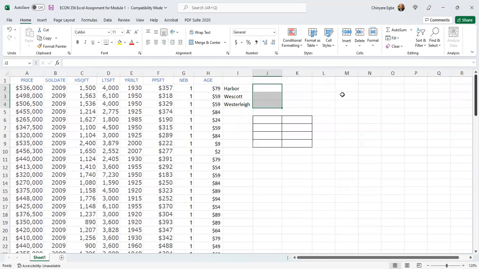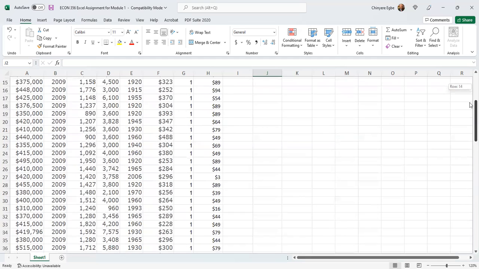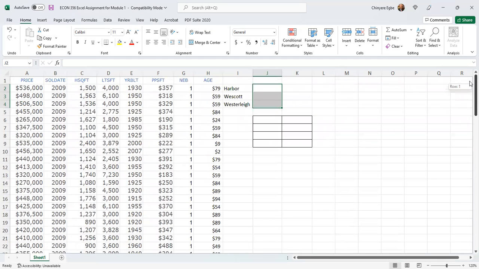All right. So we have information here on the average age of houses per neighborhood. We have three neighborhoods. Neighborhood 1, which is Harbor, neighborhood 2, which is Westcott, and neighborhood 3, which is West Lair. I'm going to go through that and show you what the table should have looked like, because I really deducted a lot of points for simply not doing the problem.